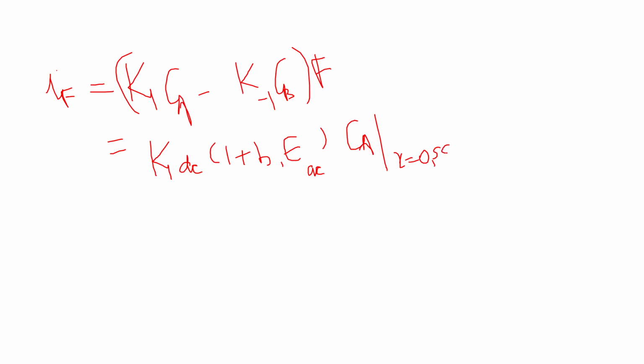This is the steady state at the interface: we set t equal to 0 and x equal to 0. Steady state means time equal to 0.